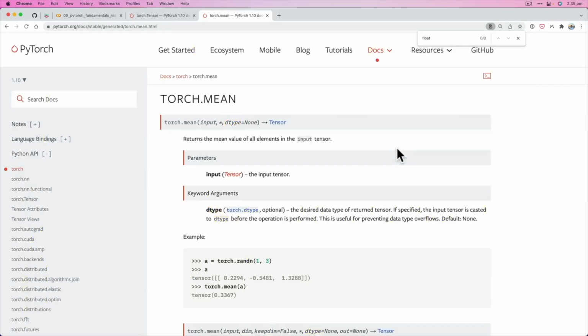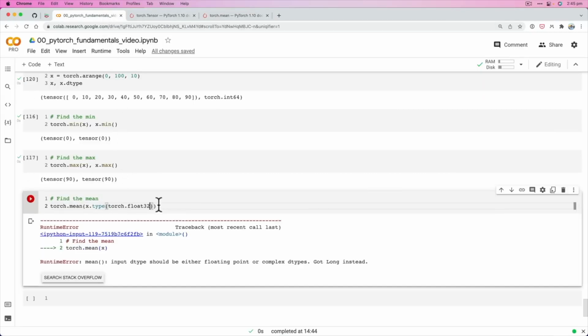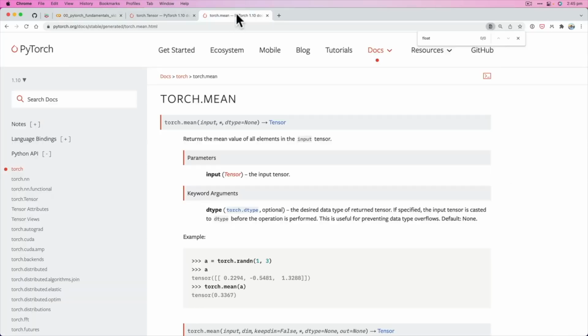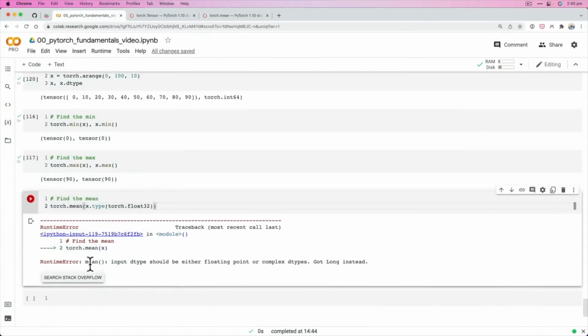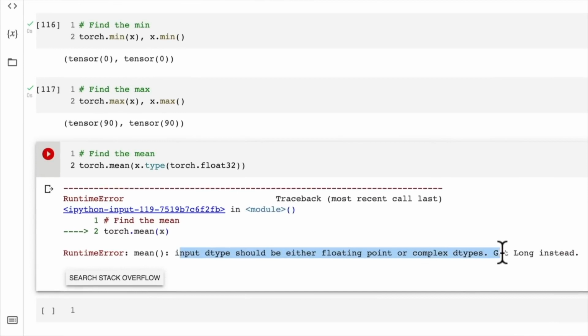It doesn't tell us. So this is another one of those little hidden things that you're going to come across, and you only really come across this by writing code, is that sometimes the documentation doesn't really tell you explicitly what D type the input should be, the input tensor. However, we find out with this error message that it should either be a floating point or a complex D type, not a long.